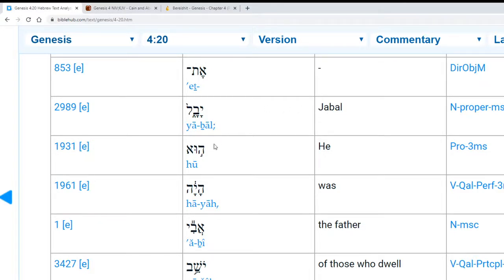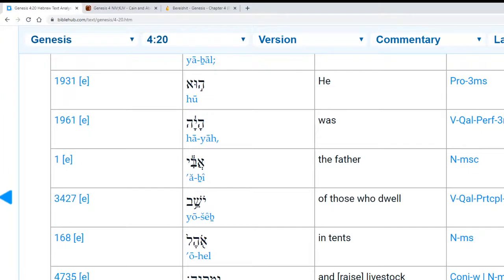Hu, right? So he, haya, was. Avi, so av meaning father. Avi, it's kind of in the construct form. It's Avi Yoshev Ohel Umikne. So he was the father of Yoshev, right? We had to dwell when we talked about Cain.